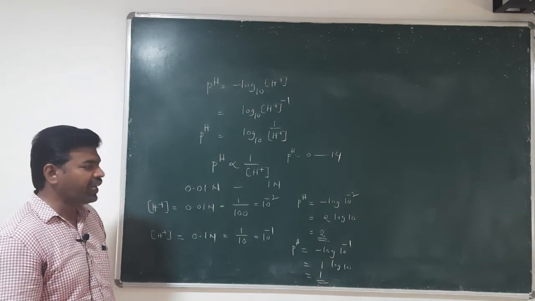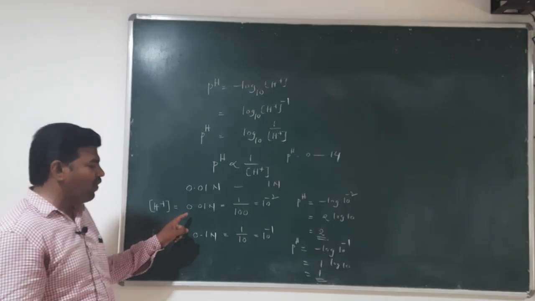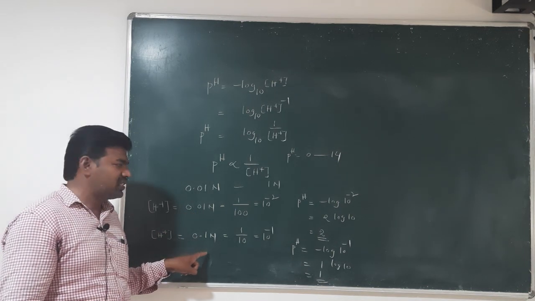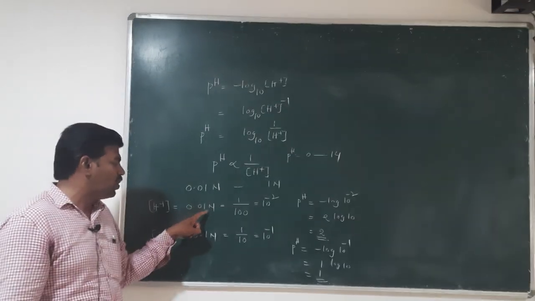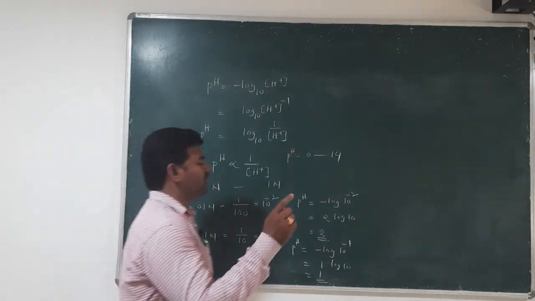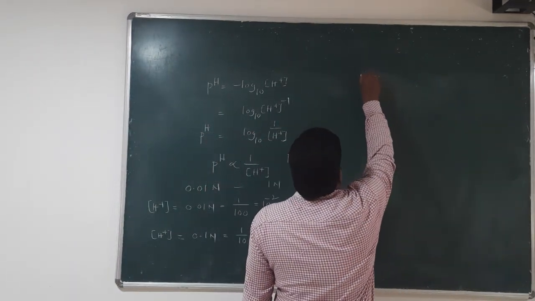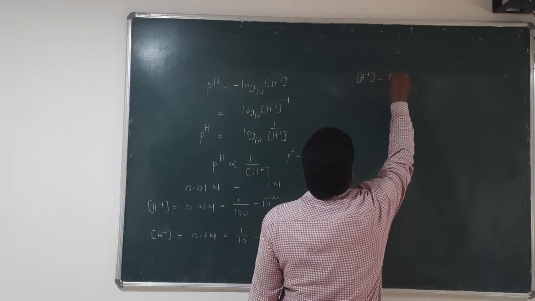Already I told you, let us see what would happen when we go from low concentration to high concentration. I start with the low concentration as 0.01 and the high concentration as 1 normal. The concentration of H plus ions is equal to 1 normal.